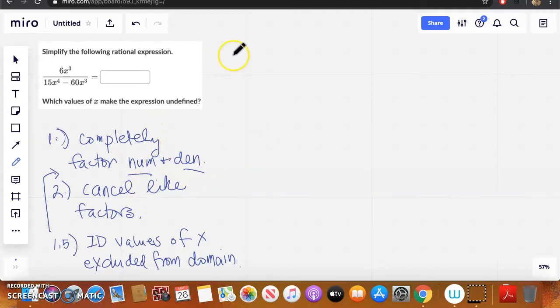So the first step, let's completely factor the numerator and the denominator. The numerator is already a monomial, so there's nothing to factor. However, the bottom is a binomial, and we have a common factor. The greatest common factor of 15 and 60 is 15, because 15 goes into 60 four times.